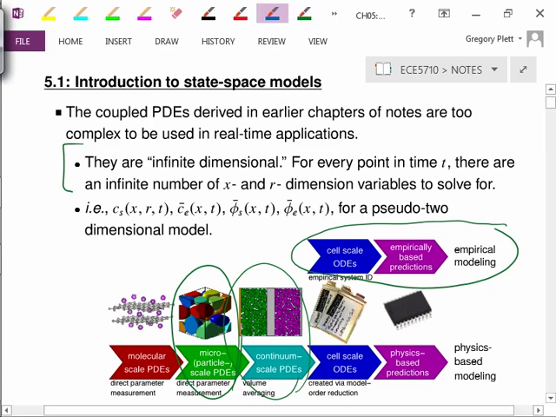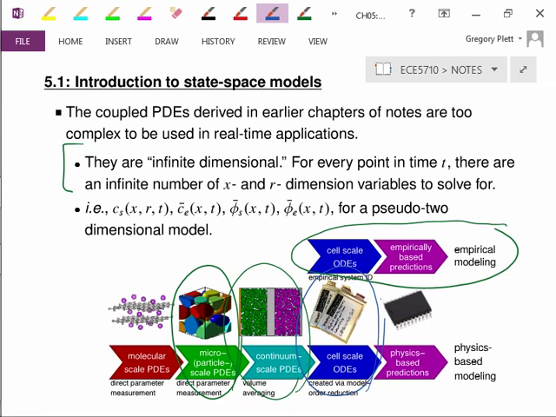Now we begin looking at our final scale of model in this course, and we are again going to develop a cell scale model, built out of ordinary difference equations, much the same way the empirical models were. But these cell scale models are physics-based.